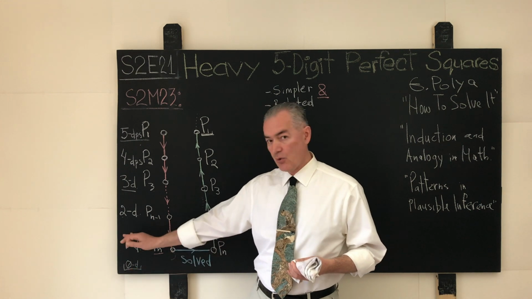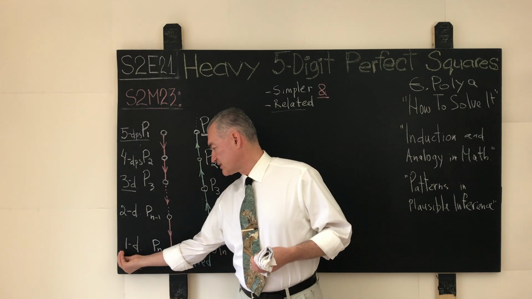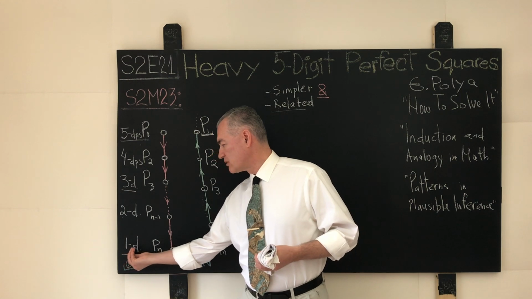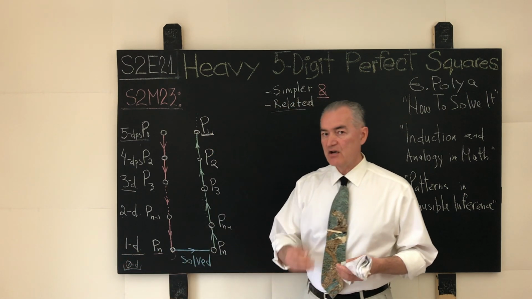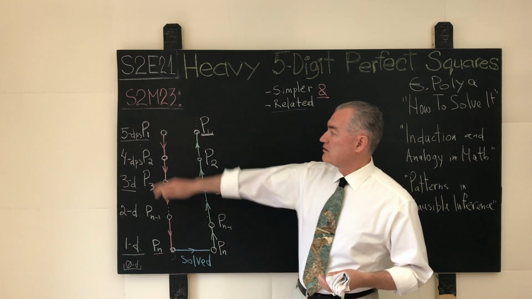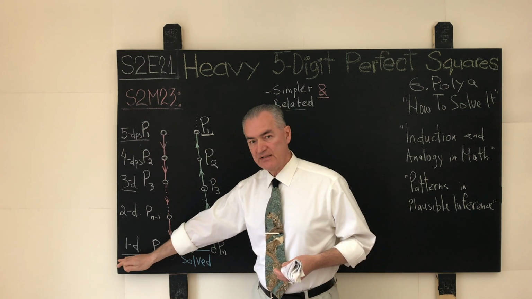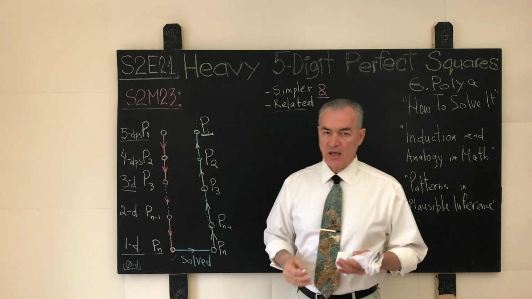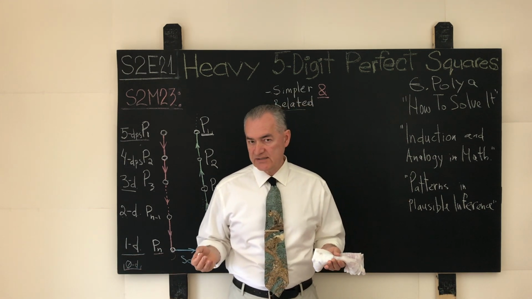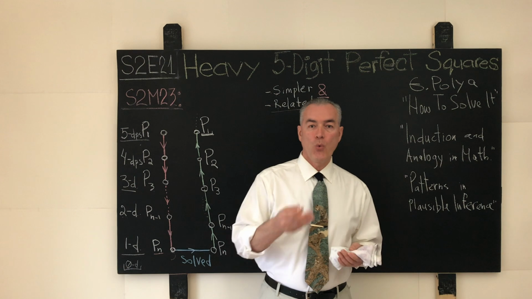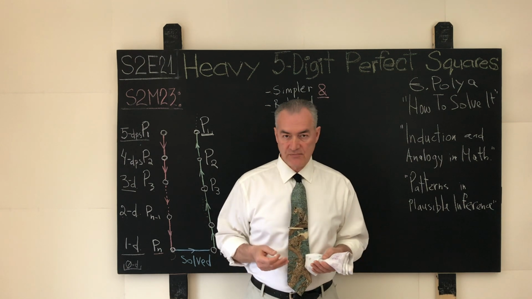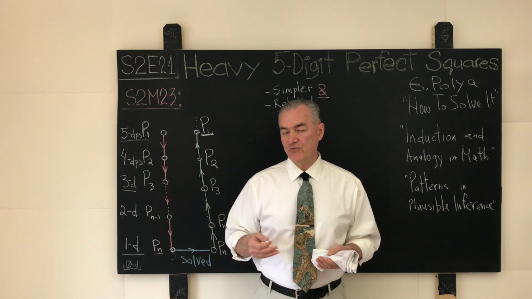So we back one step up and we now realize the rock bottom, simplest possible related problem to our original problem is the 1-digit perfect square problem. And does that problem make any sense? Yes, it does. If we add 1 to such a digit, then we should get a perfect square.